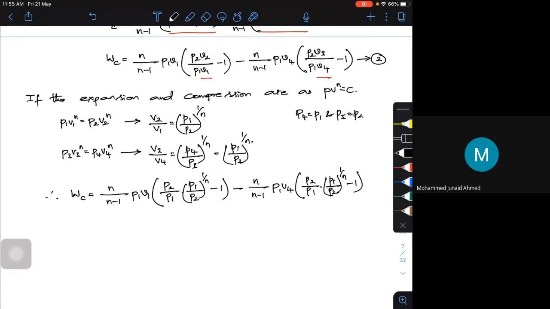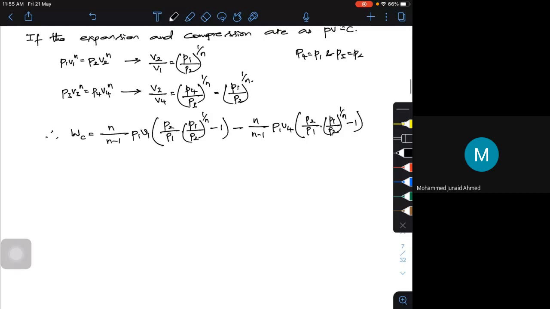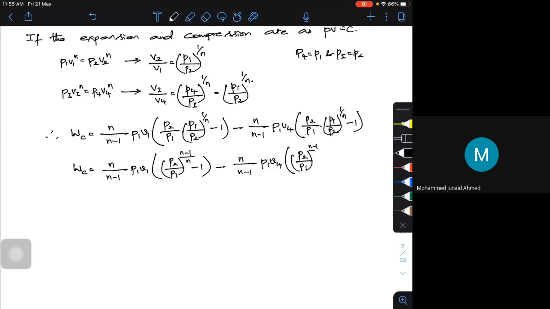So I can write the work of compression as n by n minus 1 into P1 V1 P2 by P1 whole to the power of n minus 1 by n, minus n by n minus 1 into P1 V4. Here also I am going to end up with P2 by P1 whole to the power of n minus 1 by n. Okay, so what is common in this particular thing actually?